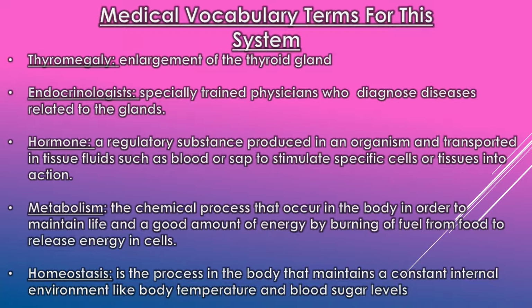Homeostasis is the process in the body that maintains a constant internal environment like body temperature and blood sugar levels. Metabolism and homeostasis are often confused for one another and are said to be the same thing, which I don't get because they're two completely different things. So keep that in mind.